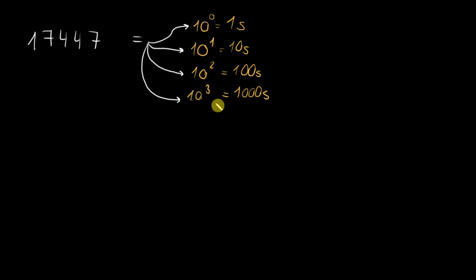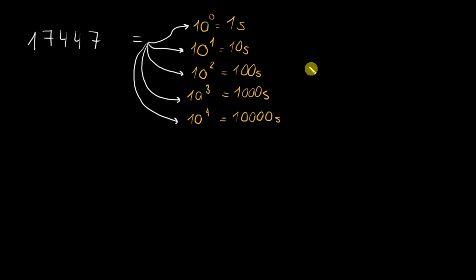And lastly, the 10,000s, which we write using 10 to the power of 4. So those are 4 zeros.